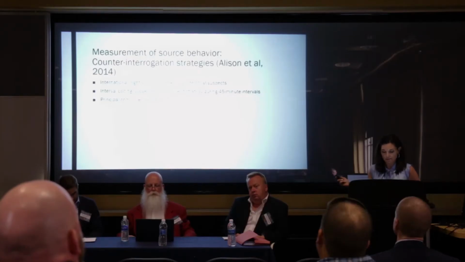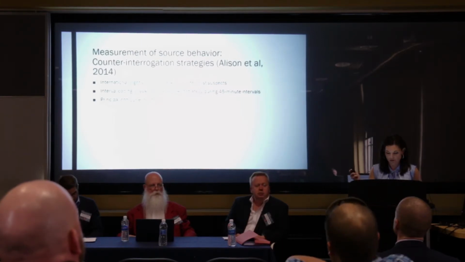They used a form of interval coding in which the presence or absence of one of 9 counter-interrogation strategies was coded for each 45-minute interval. And this data was entered into a principal components analysis, which was able to group these 9 strategies into 5 factors, or 5 components, I should say.